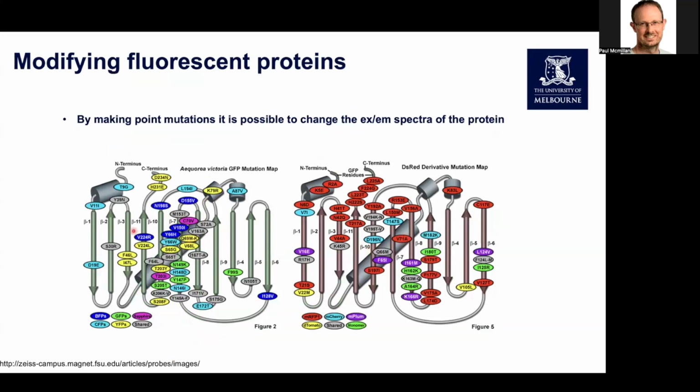So what he and others did was to go through and find different species as sources for these fluorescent proteins, and then start to mutate and try to work out what different amino acids did in terms of the fluorescent characteristics. You can see some examples down here of different fluorescent proteins and some of the different mutations that they have within the fluorescent protein structure.